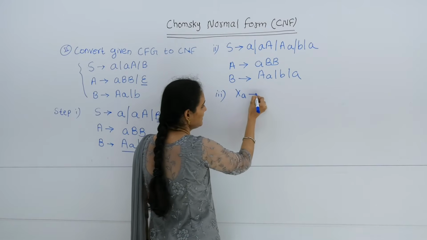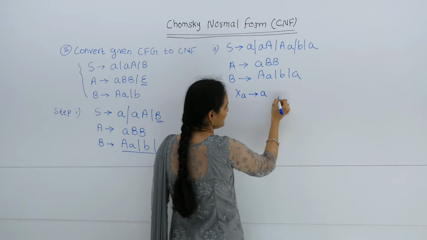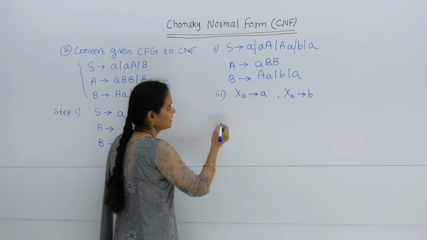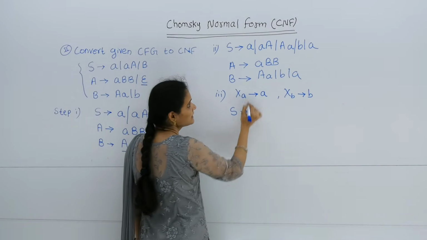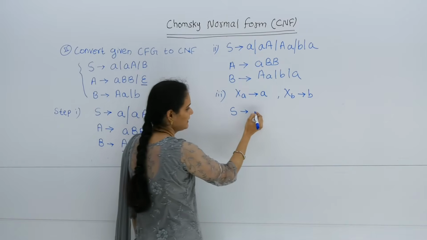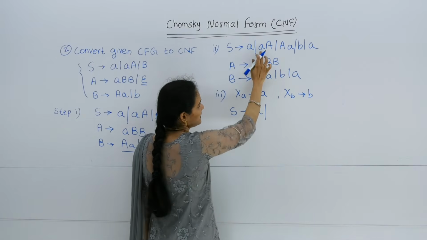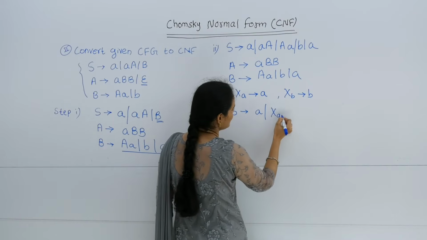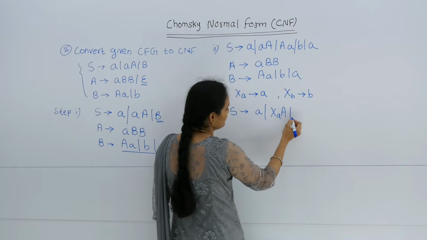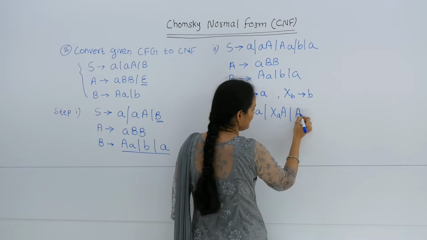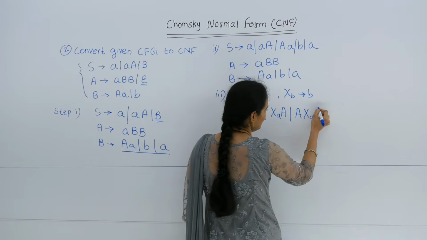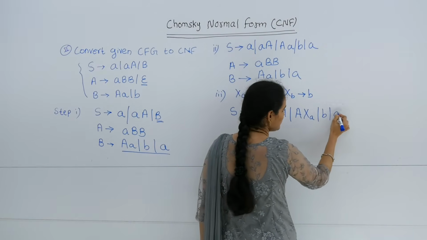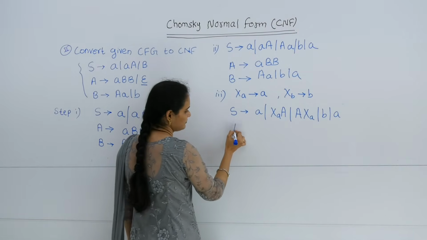So XA produces small a and XB produces small b. So here S produces a single terminal, here we are keeping it as it is, here a string is present, therefore we are replacing XA, capital A, then here again it is capital A, XA, then both are single terminals, so keep as it is.